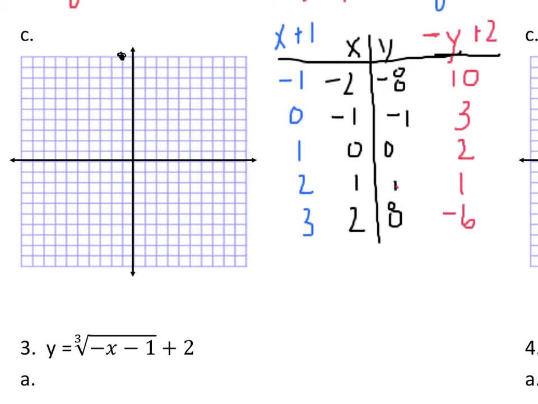Then I've got 0, 3, which would be right here. Then I have 1, 2. Then I have 2, 1. And I have 3, -6, which is right here. If you remember what your cubic function looks like, it's going to curve down here and then start to curve up on the left. So there's our graph.